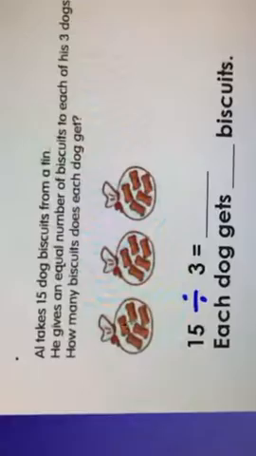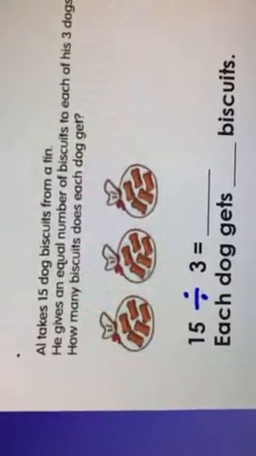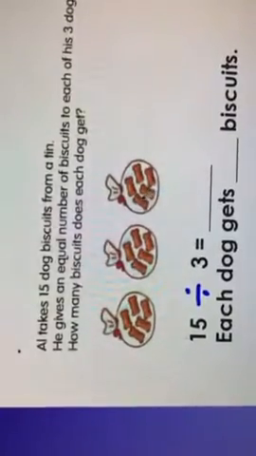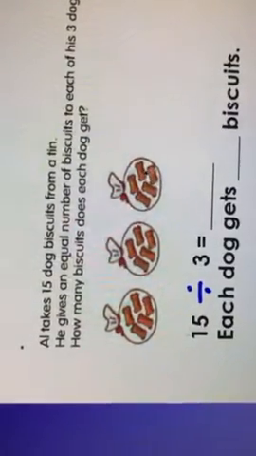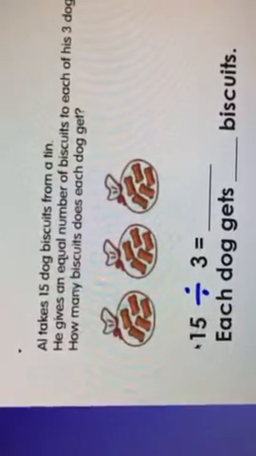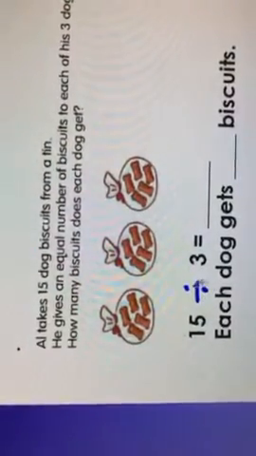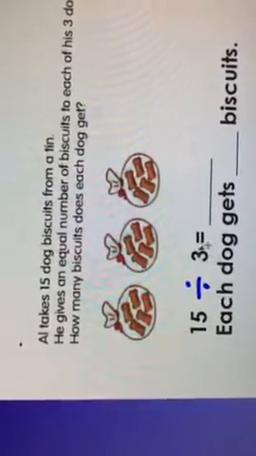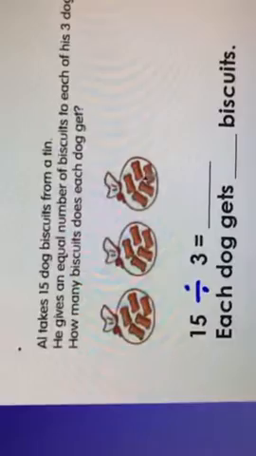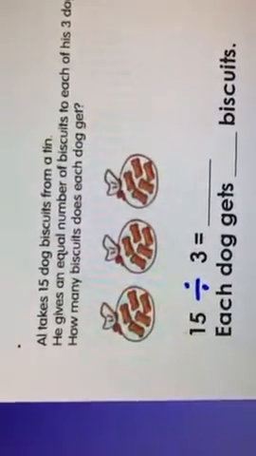1, 2, 3, 4, 5, 6, 7, 8, 9, 10, 11, 12, 13, 14, 15. So there's our 15 dog biscuits, and we're going to divide that into 3 equal groups. So we have 1, 2, 3 equal groups.